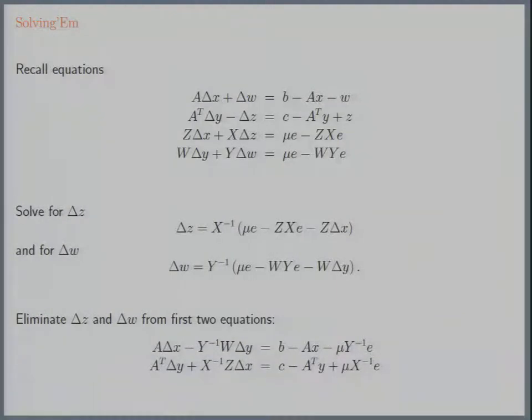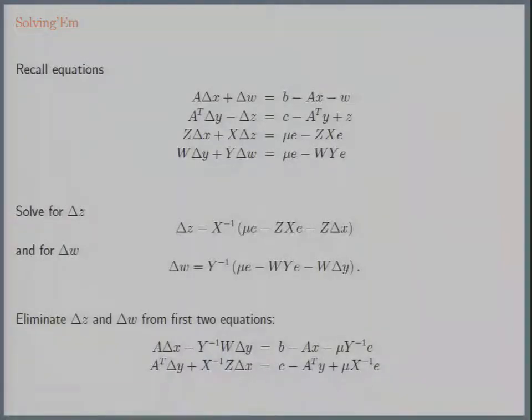Now I plug delta x into the second equation, so I get A times XZ inverse times sigma minus A transpose delta y, minus Y inverse W delta y, is equal to rho.